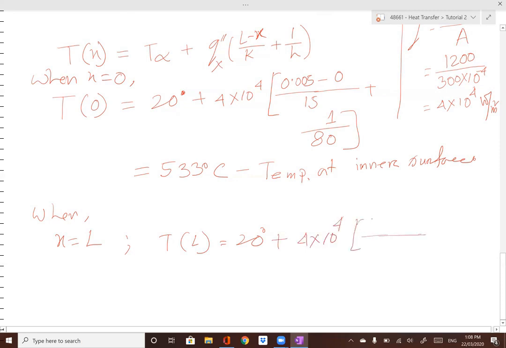Now L minus x is also 0, so divided by k it becomes 0, plus 1 over 80, where 80 is your convection heat coefficient. So the result will be 520 degrees Celsius. This is our last answer, the temperature at the outer surface.